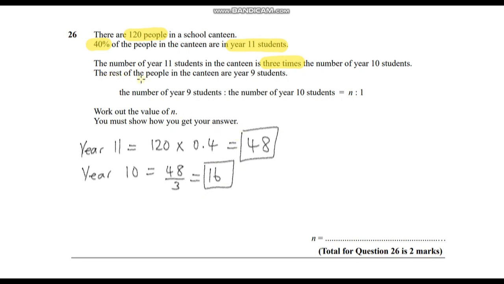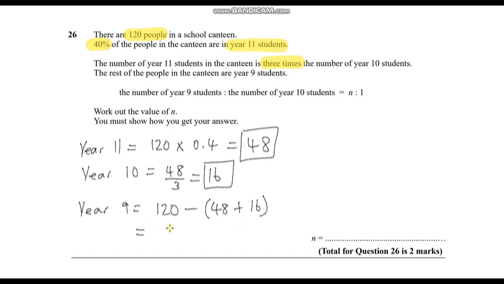And now it says the rest of the people in the canteen are year 9 students. We know that there are 120 people in total. 48 are year 11, 16 are year 10, and the rest are year 9. So we can just add these together and take it away from 120. So 120 take away 48 plus 16. 48 plus 16 is 64.